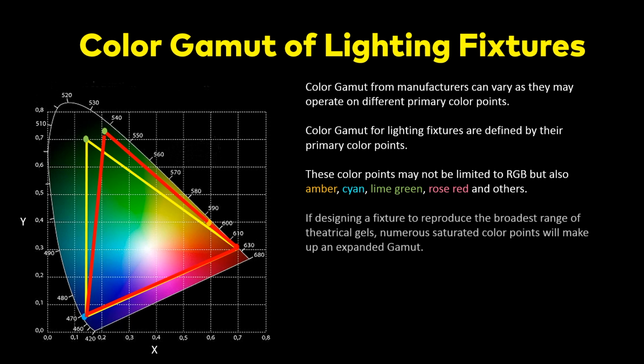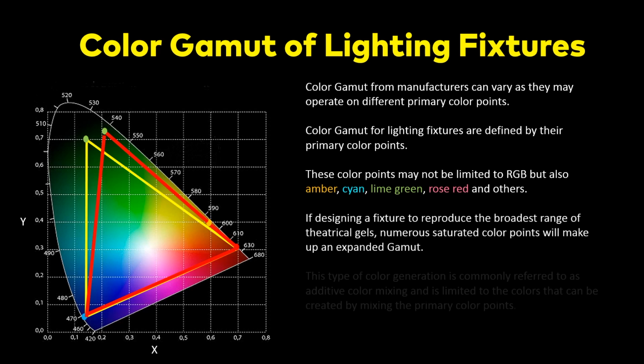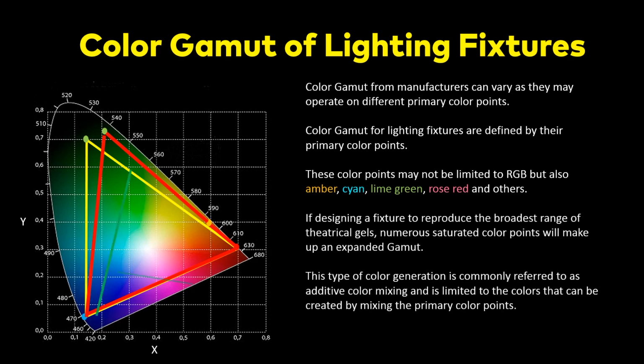So if you're trying to go for the broadest range of theatrical gels, you want to add numerous color points to open up that gamut. This type of color generation is called additive color mixing, and it's really limited to what can be created by mixing these RGB values. If you're trying to develop a color that's outside of those points, it's just not going to happen.